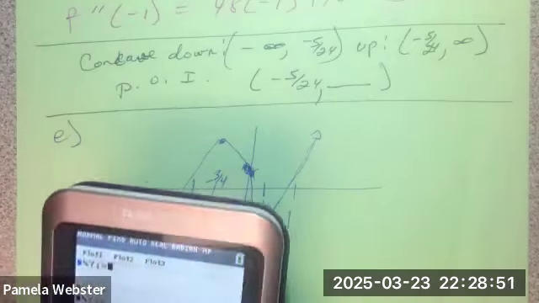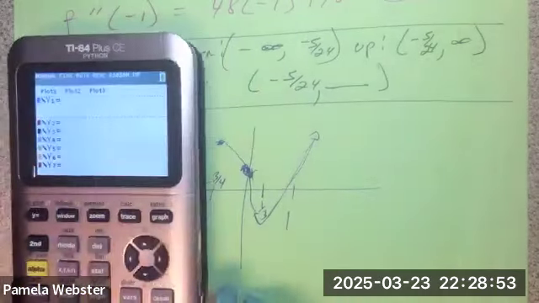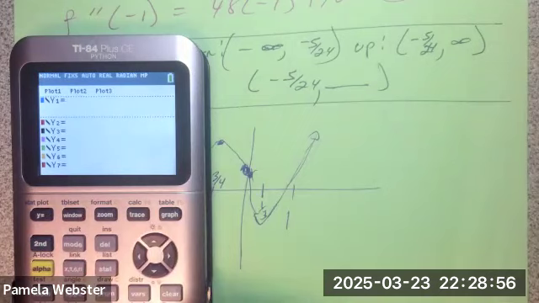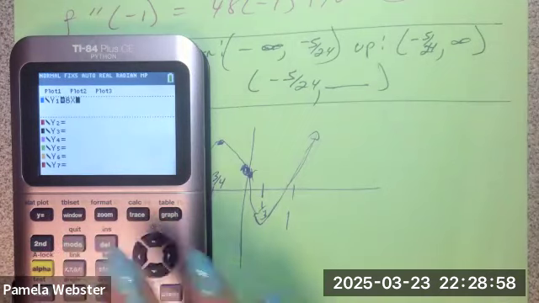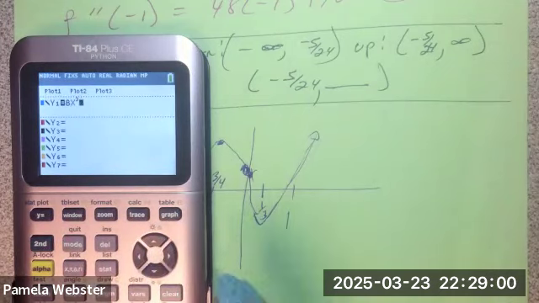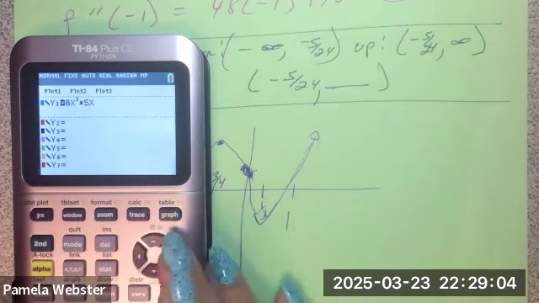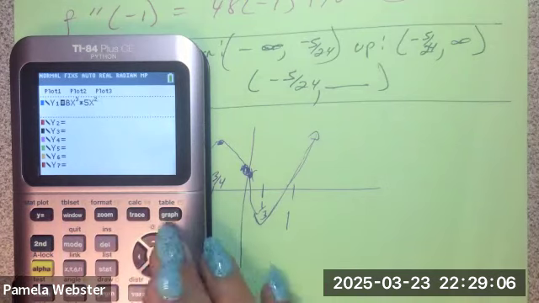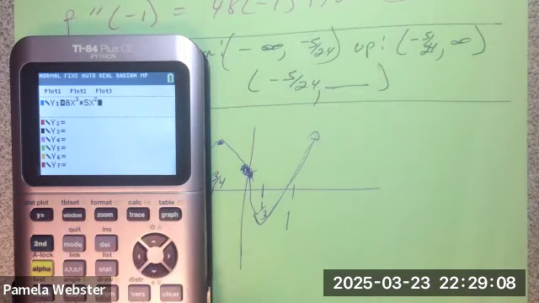Okay. I'm going to graph this function: 8x to the third plus 5x to the second minus 6x minus 22.